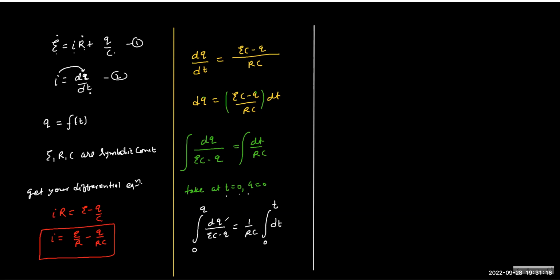So this is in the format of dx by x, right? But here x is not alone. It is x with some constant. So this is just a number, no? So how do you integrate when you have a linear value? The answer remains the same.